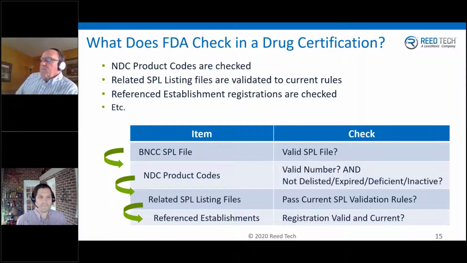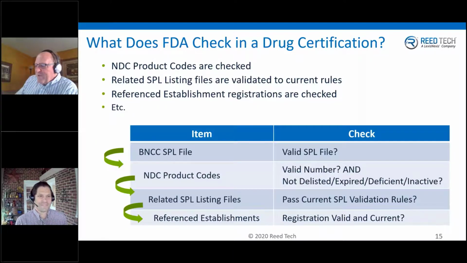From that, there's linking back to the SPL listing files that mention these particular NDC product codes. So those particular SPL listing files are then run through the current SPL validation rules. And hopefully it's all successful and it passes without incident.